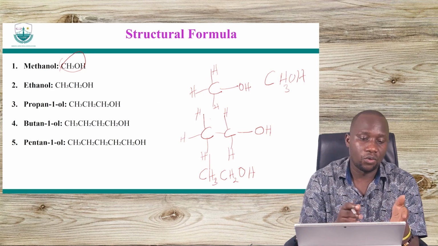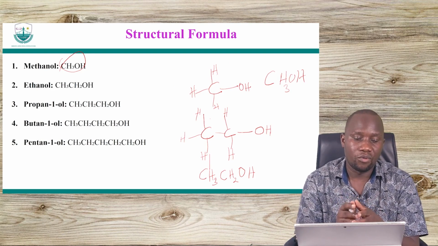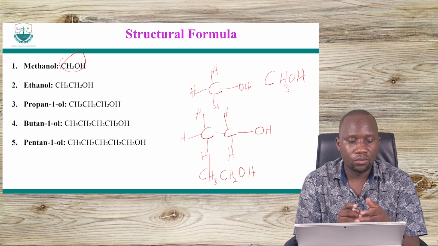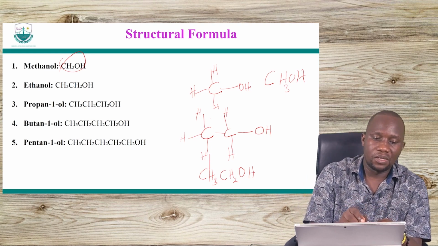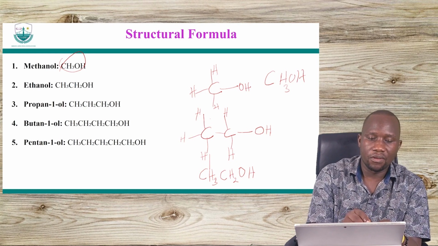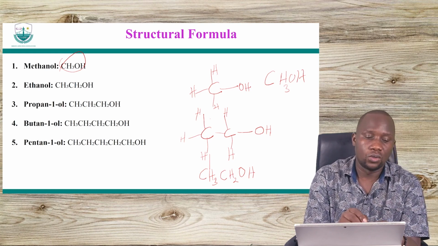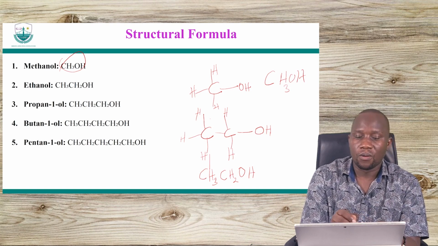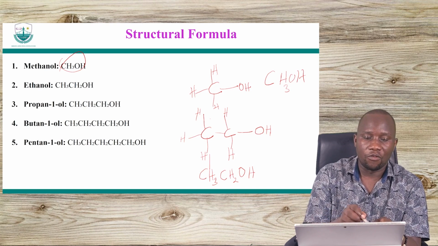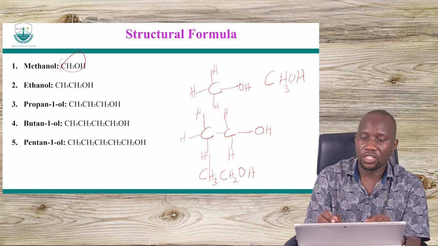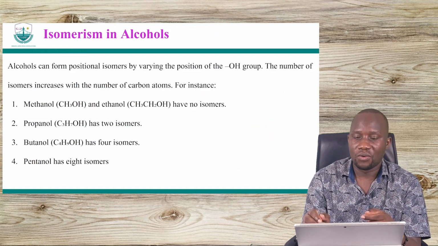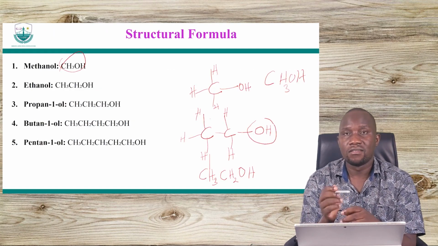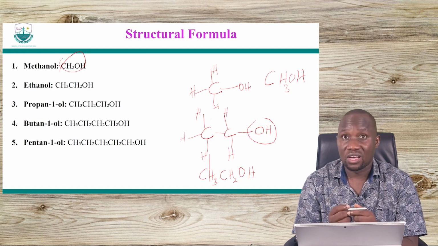So you can go on and on: propanol, butanol, and then pentanol. Remember, there is isomerism from propanol going to butanol, going to pentanol, because from propanol, that's when you can shift the position of the OH. You can move it to another carbon atom.